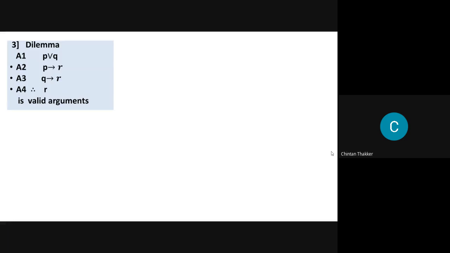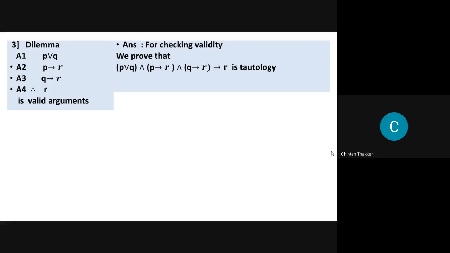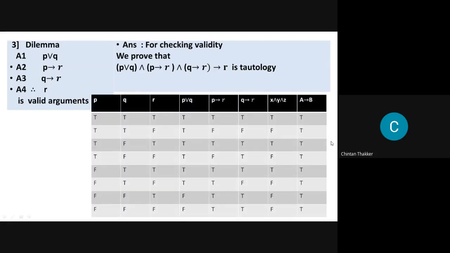To check the validity of this argument, we make the statement (P or Q and P implies R and Q implies R) whole implies R. For this statement, we take the truth table and check whether it is a tautology or not. In the truth table, we write P, Q, R, P or Q, P implies R, Q implies R. We denote these by X, Y, and Z.